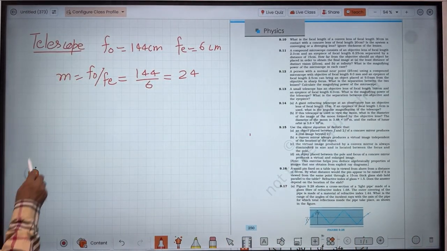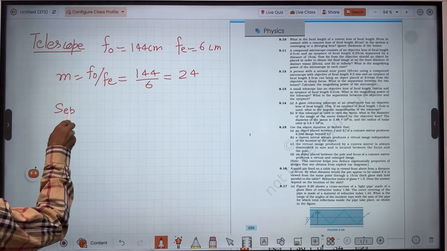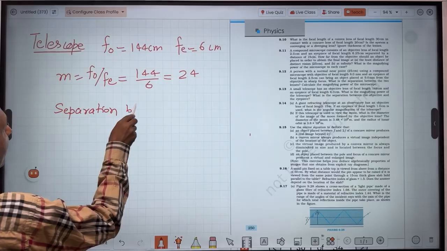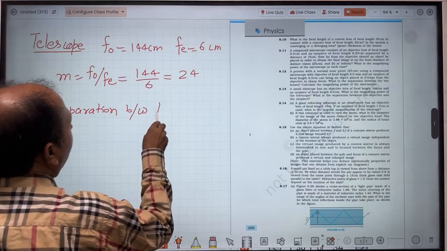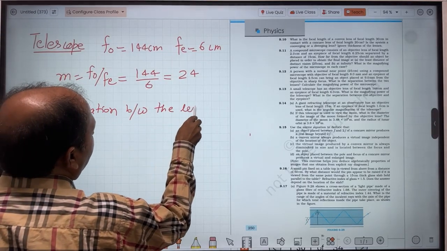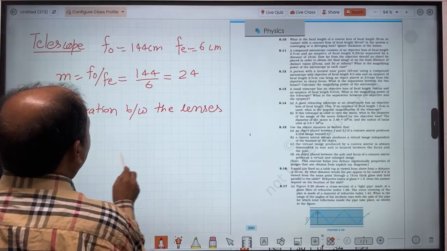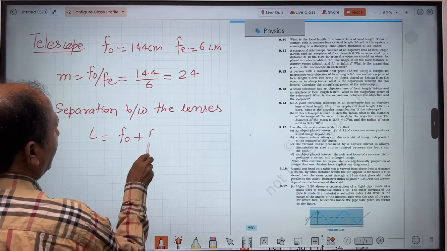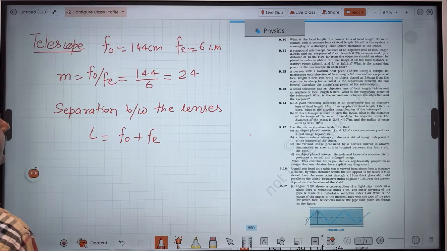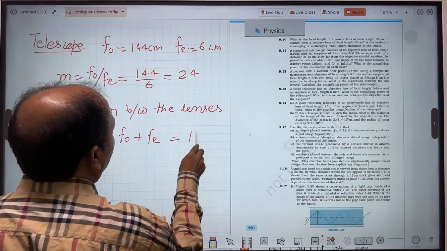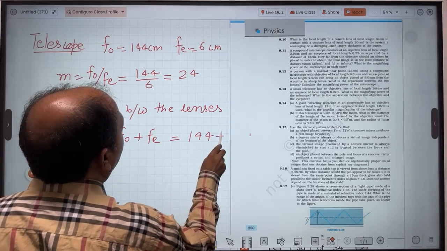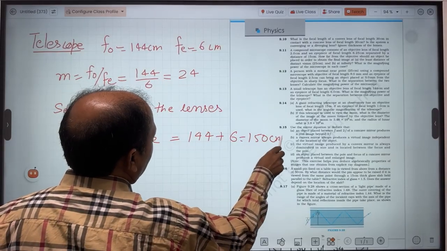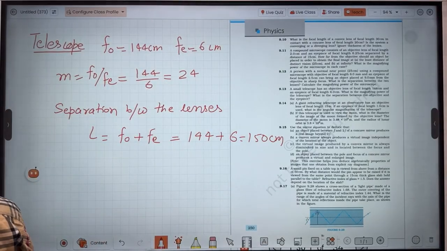So, separation between the lenses, L is FO plus FE. Just put the values. 144 plus 6, so 150 centimeter. So this is the answer.